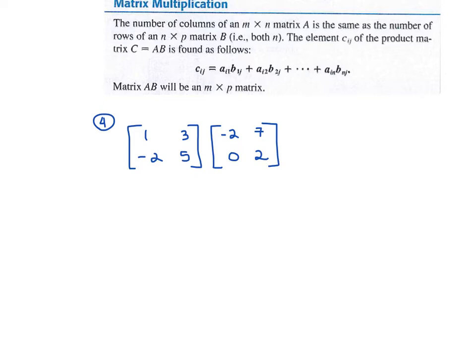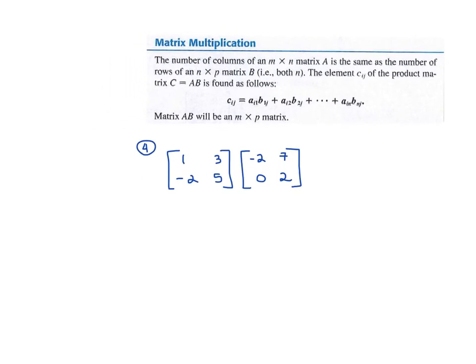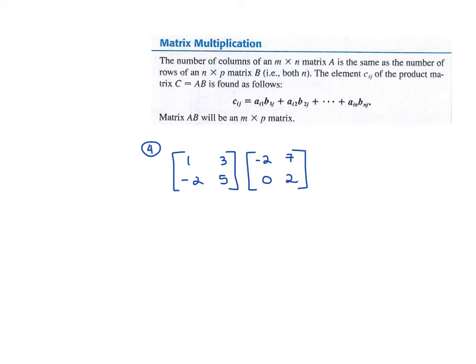Now, in order to multiply matrices, they have to have the same number of columns as they do rows. So again, remember when we state the dimensions of our matrix, we're stating the number of rows first and the number of columns second. Now, in this one, it's easy because they're both 2 by 2s.